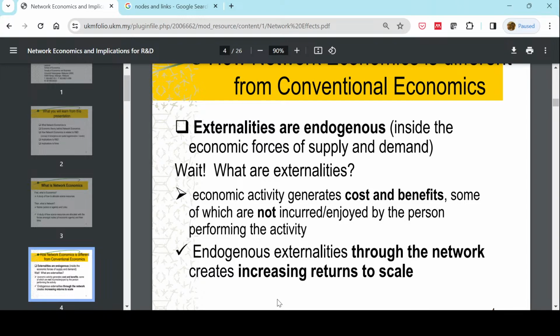Cost means reduction in your payoff. Benefits mean increase in your payoff, can be profit increase, and so on. Some of which are not incurred or enjoyed: the cost not incurred, the benefits, the profits, the money, the revenue not enjoyed by the person performing the activity.